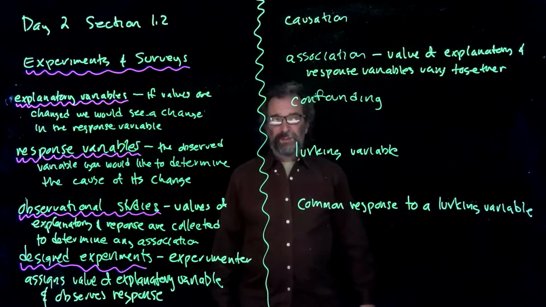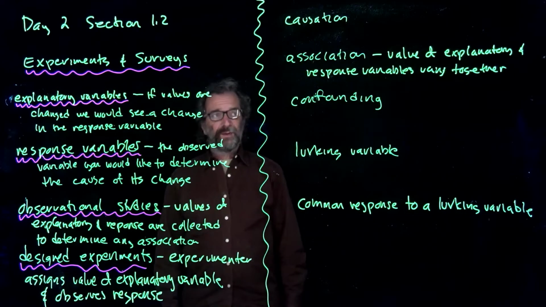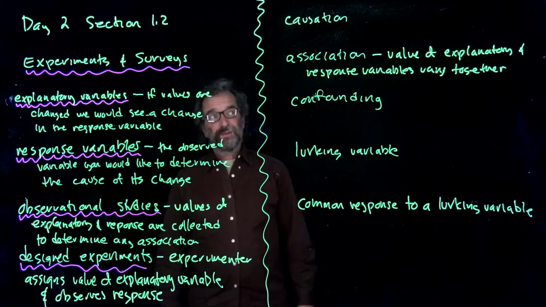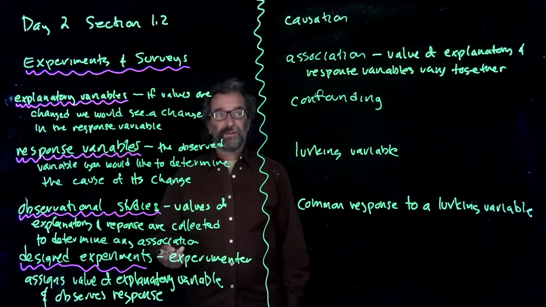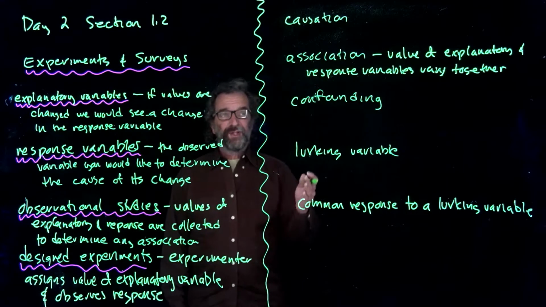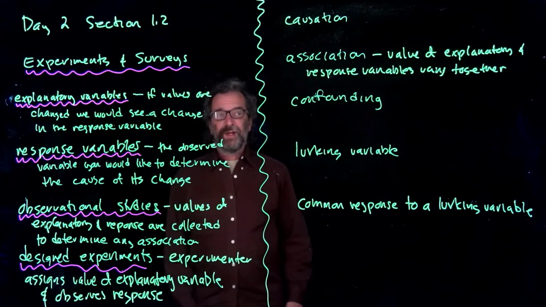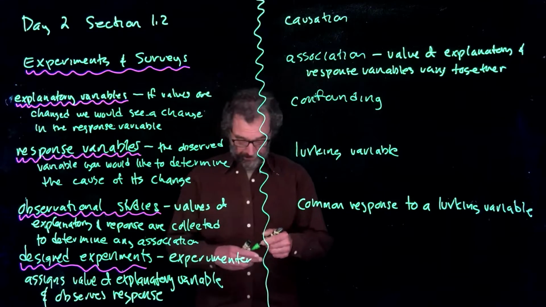So we see as we increase the explanatory variable, we increase the response variable's value, or vice versa. Maybe you increase the value of the explanatory variable, it corresponds to a decreased value of the response variable. But changing one changes the other in a consistent way. That's called association.